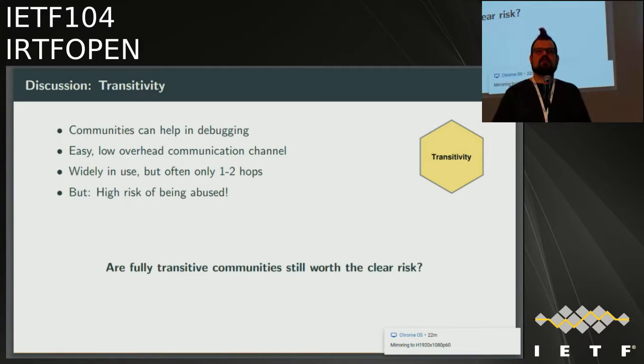You usually do not signal blackholing 5 or 6 hops away, or you do not usually need to inform peers 6 or 7 hops away. On the other hand, you have a high risk for abuse in communities being transitive. So the question is, do we have a high risk here, or do we have more benefit? Do we need a discussion between benefit and risk of allowing communities to be fully transitive?